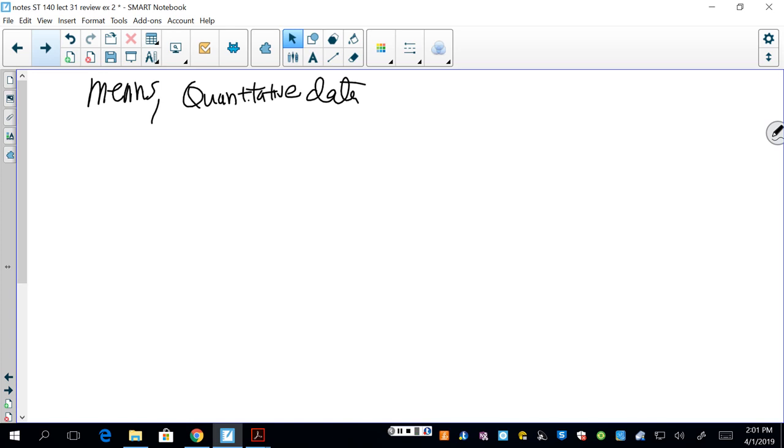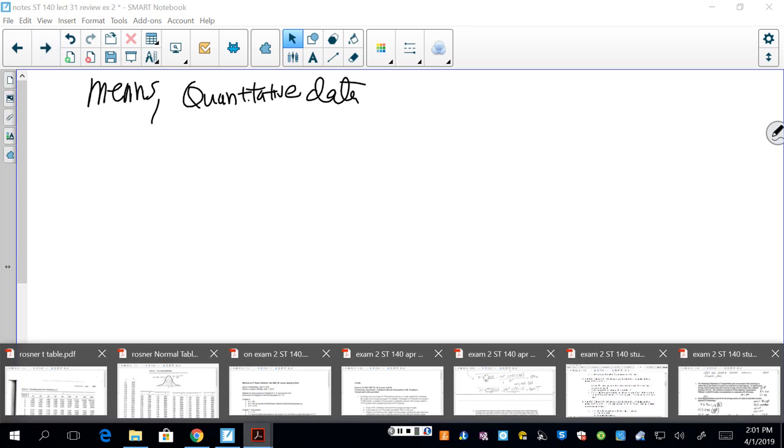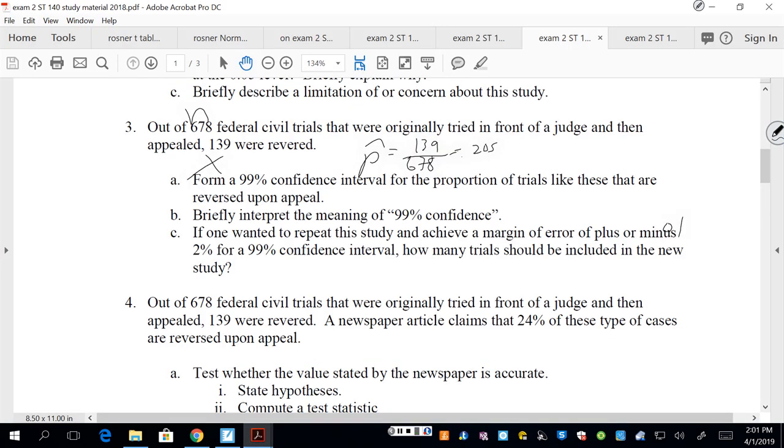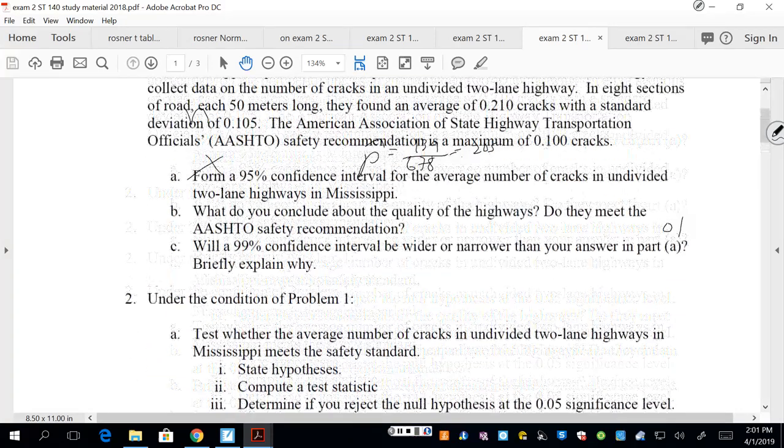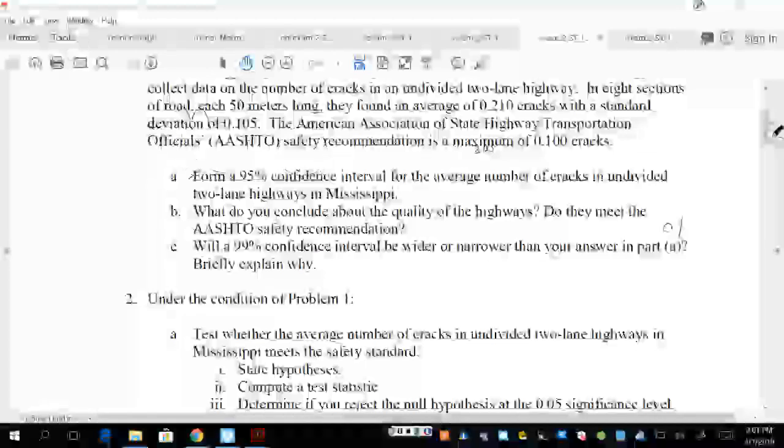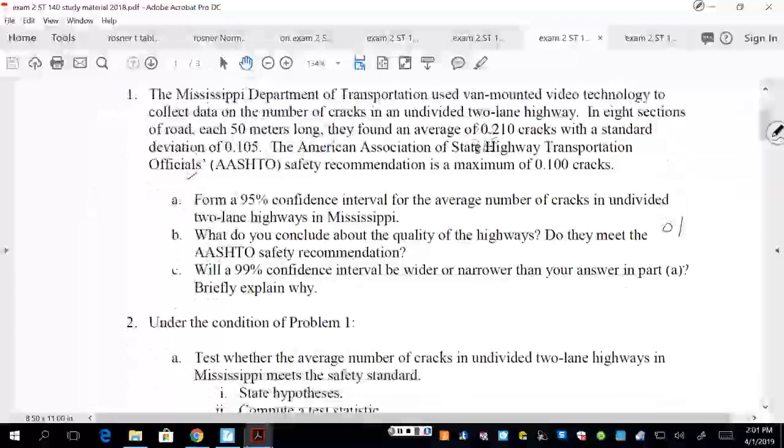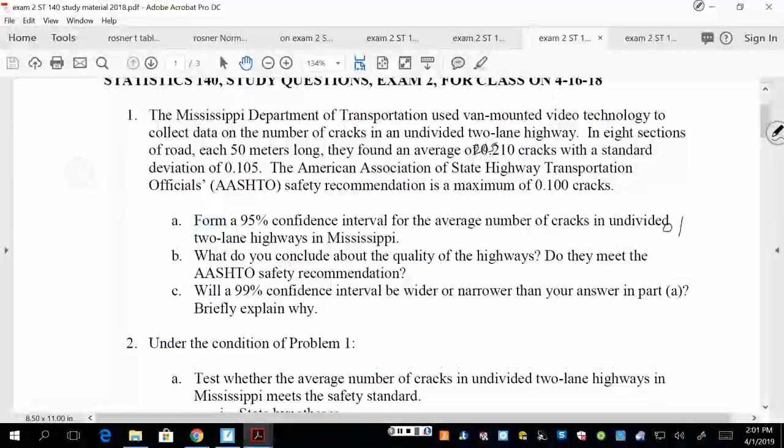So in the first problem on the practice material, go back up to that. This Mississippi Department of Transportation has a van-mounted video technology to collect data on the number of cracks in two-lane highways, so they can drive along and count it.